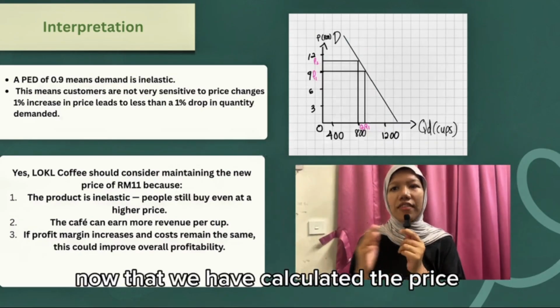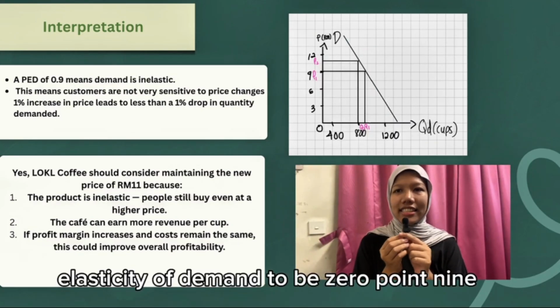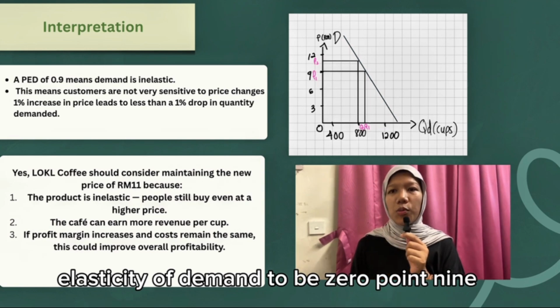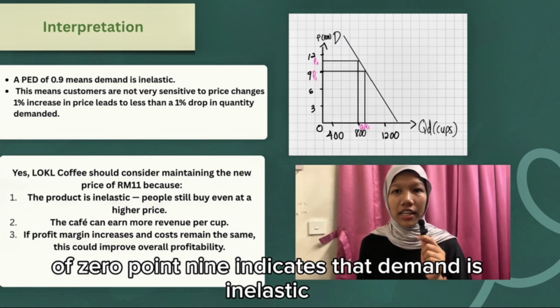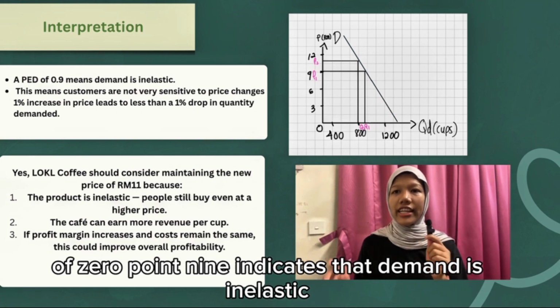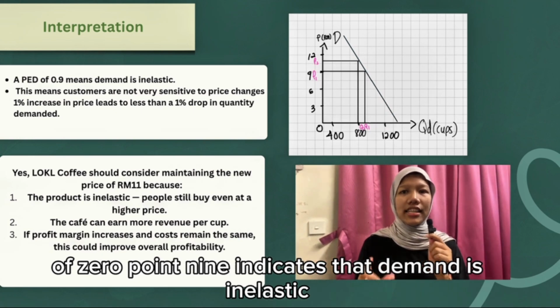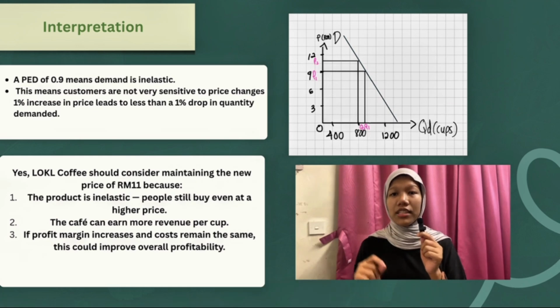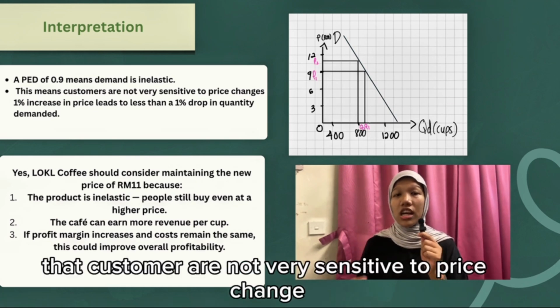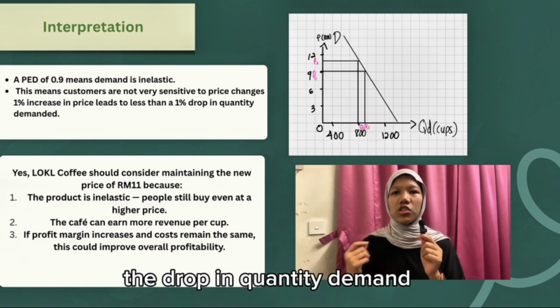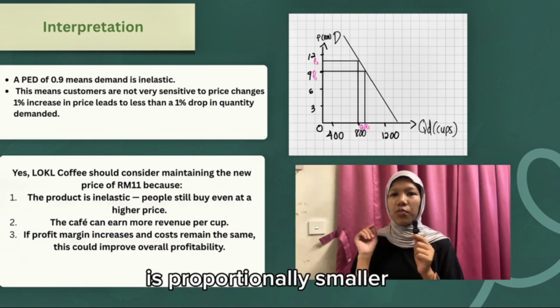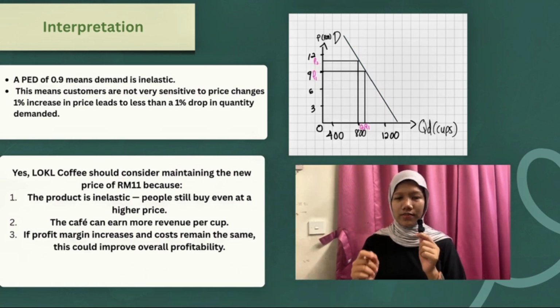Now that we have calculated the price elasticity of demand to be 0.9, let's interpret what this number means. A PED of 0.9 indicates that demand is inelastic. In simple terms, this means that customers are not very sensitive to price changes. So when the price increases, the drop in quantity demanded is proportionally smaller.